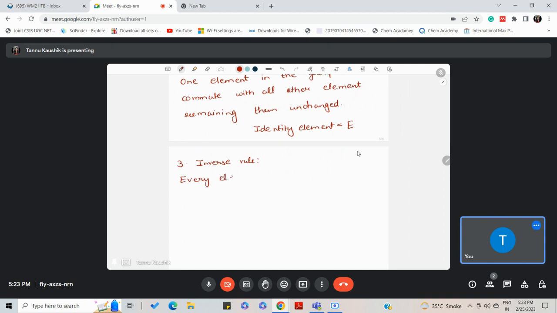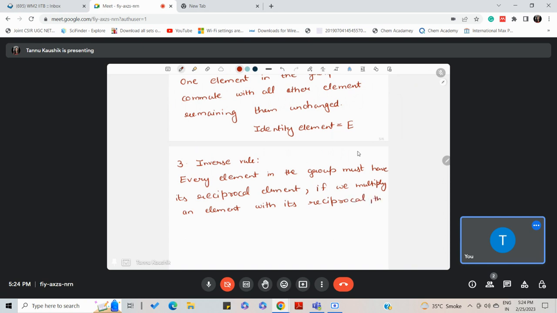It says every element in the group must have its reciprocal element present, such that if we multiply an element with its reciprocal, the result will be identity.